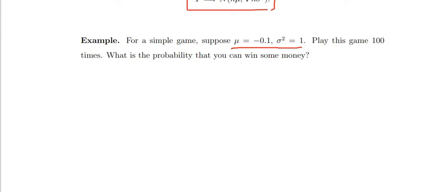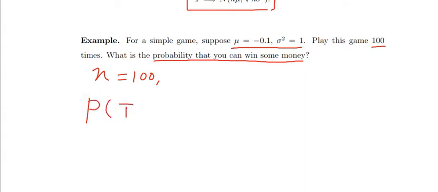If you play this game many times, say 100 times, then we want to find the probability that you can win some money. Totally, this is positive, you can win some money.